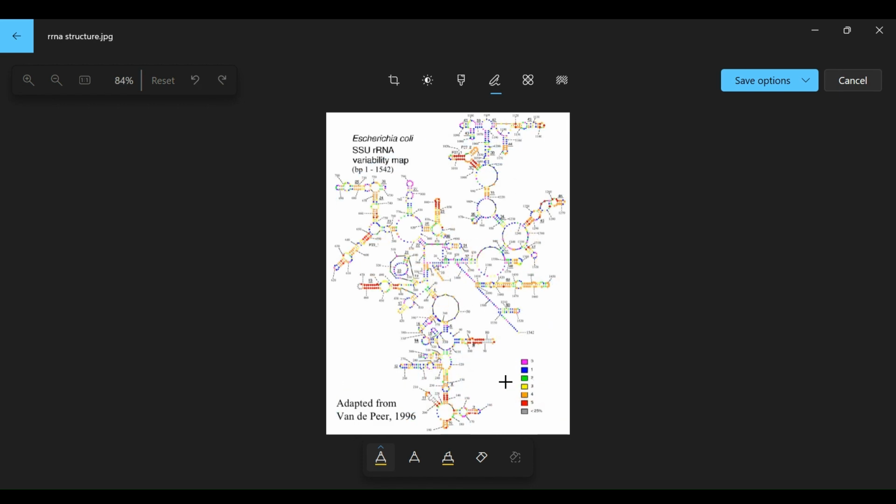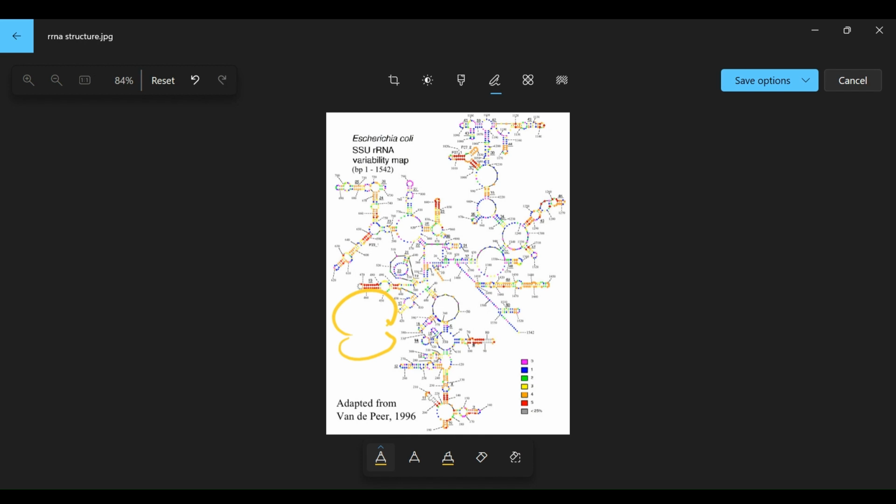And the last type of RNA is the rRNA, the ribosomal RNA. Don't bother yourself with the structure, it's really complicated. I'll just tell you the important things that you need to know. These rRNAs form the ribosomes. What are the ribosomes? The ribosomes are basically two subunits, a large one and a small one, like this.